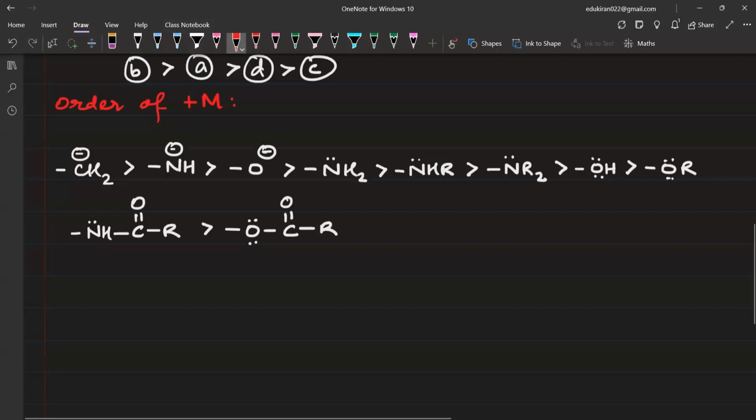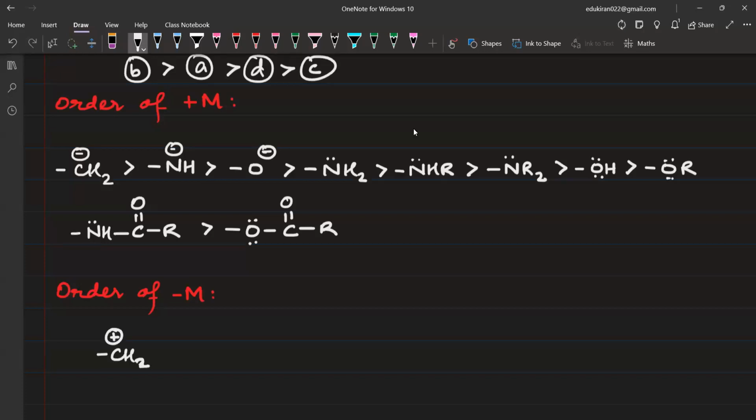Now write the order of minus M. Order of minus M. So obviously the positive charged atoms will be having the highest minus M strength.